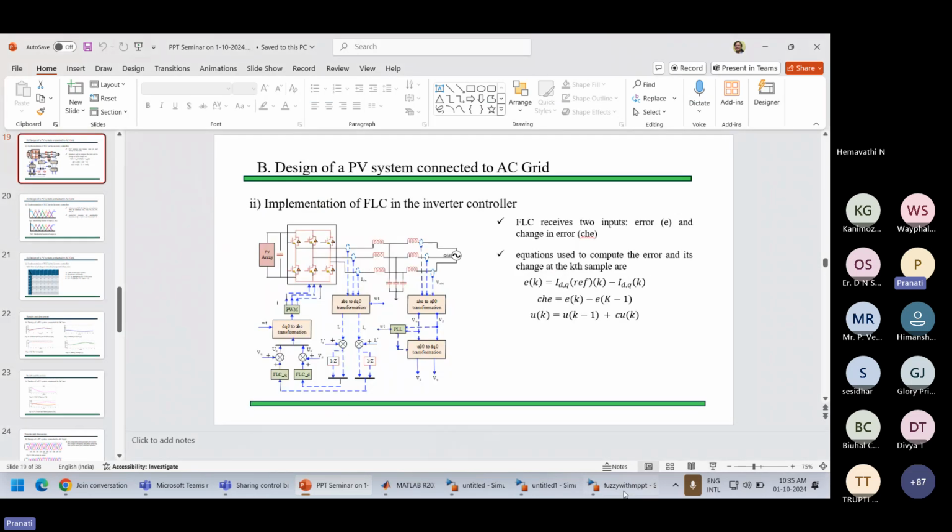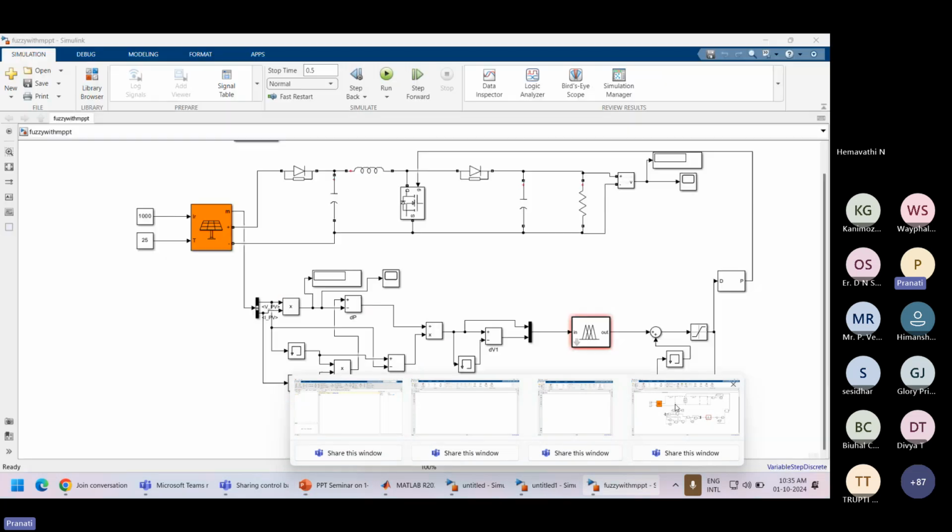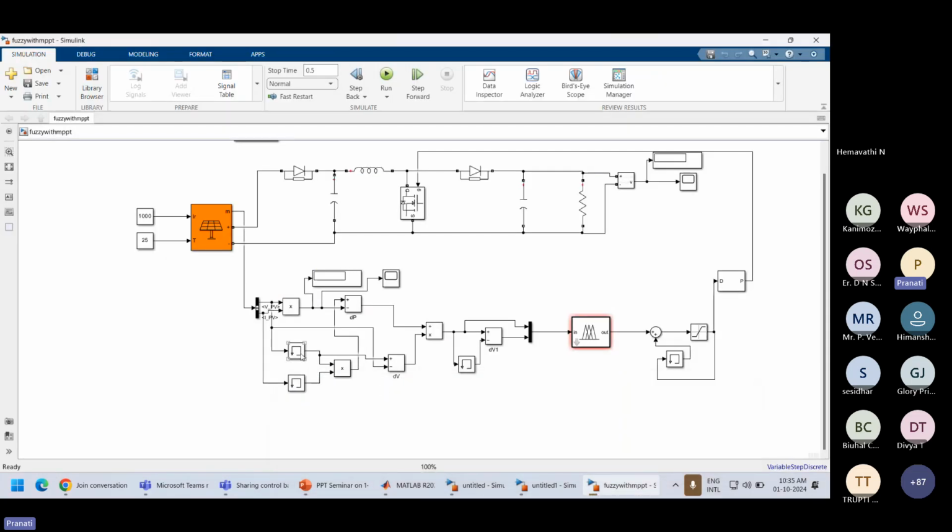For the previous value, we have used these memory blocks, which store the dV value, the change in voltage, as we know from the incremental conductance method, the change in dV and dP values. The dP by dV goes through a memory once again, giving the error and the change in error.